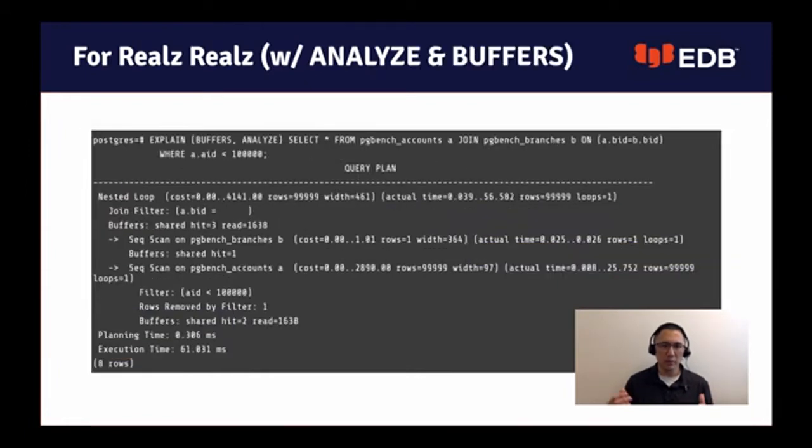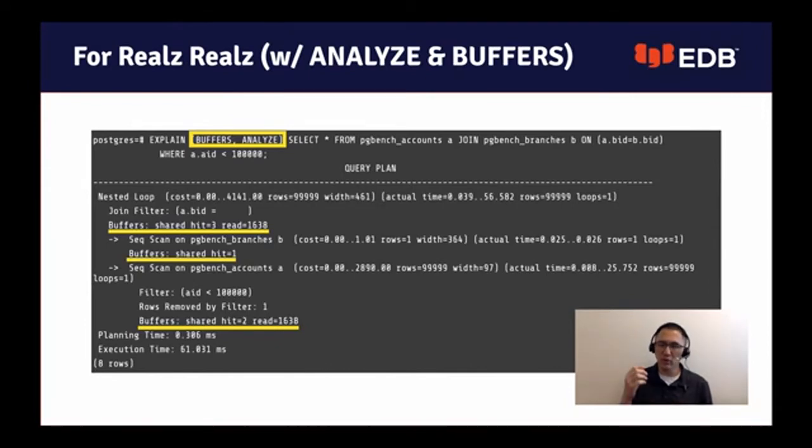Now if we do explain buffers analyze, you get not only the information we were looking at earlier, but even more. We get to see the buffers that were hit in the cache and the buffers that had to be read in from disk into memory. We get these shared hit and read values. At the very bottom, the sequential scan shows shared hit equals 2, so it found 2 blocks in memory, and 1638 blocks it had to read from disk into memory.